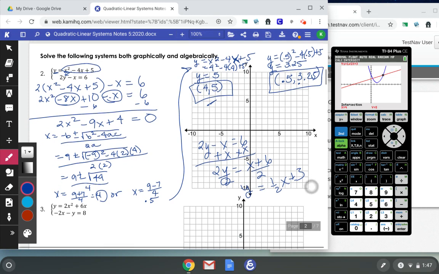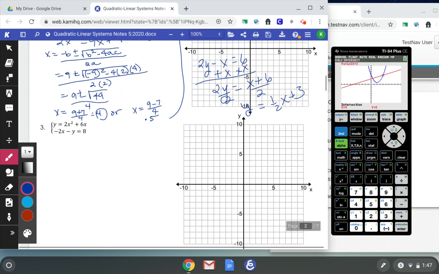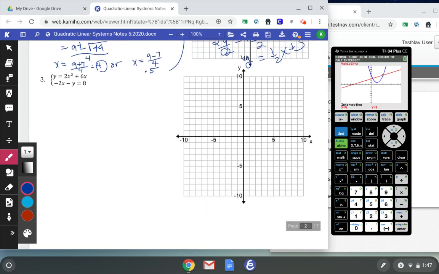All right, let's look at the next one. So the next one, I am going to go through this one and just solve it by graphing. Okay. All right, so first thing, when I go to graph this, I know that it's going to go through 0, 0. That's going to be where it crosses the y-axis.